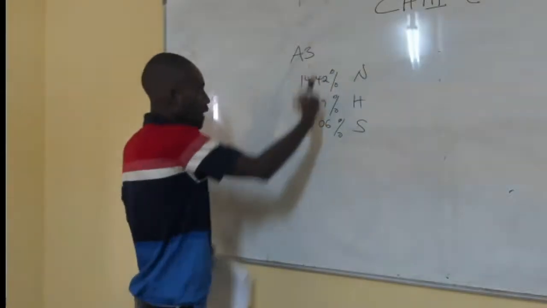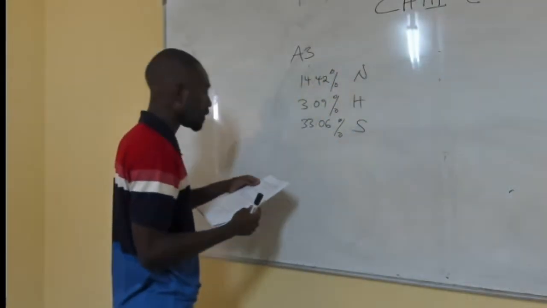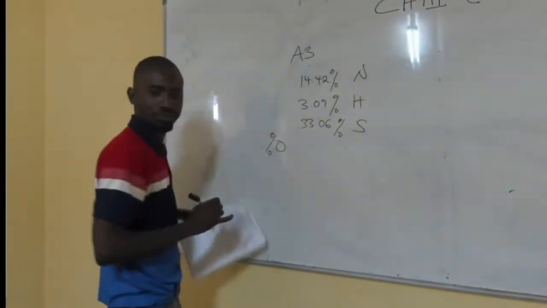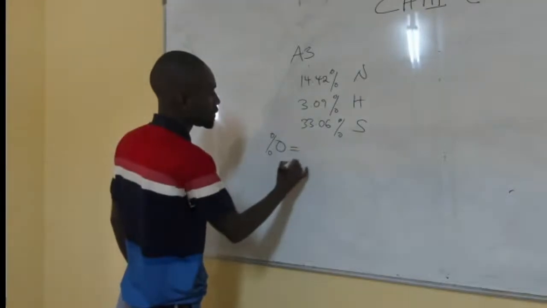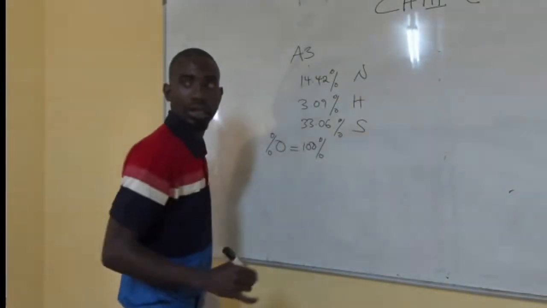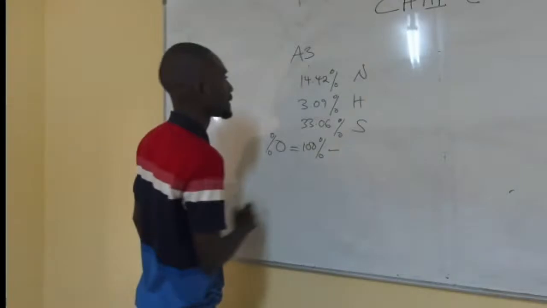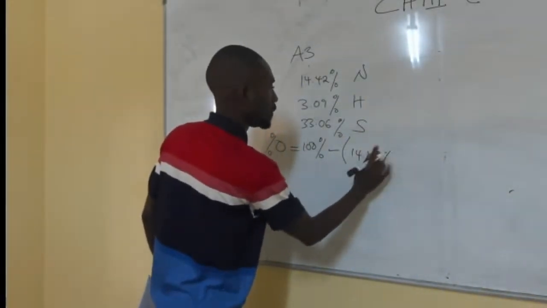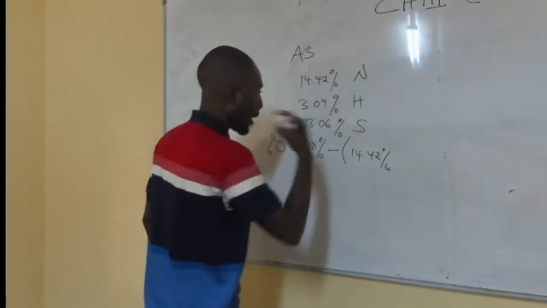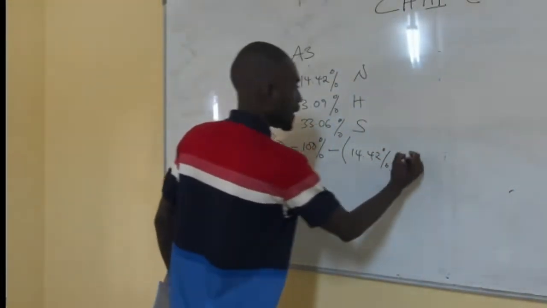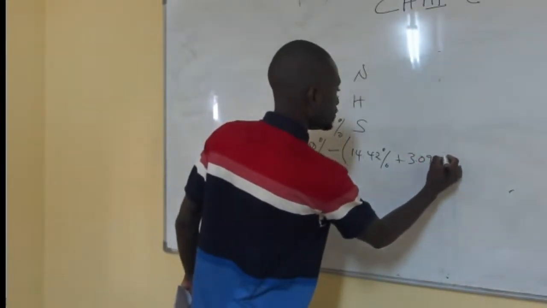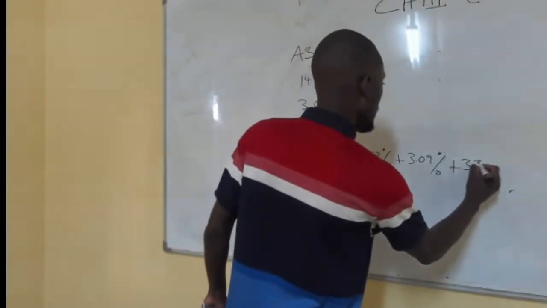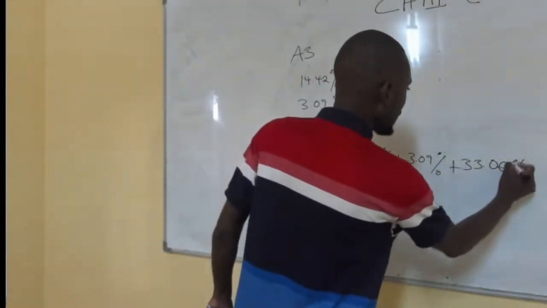So in this case, if you want the percentage for oxygen, you're going to say 100% minus, brackets, 14.42% plus 3.09% plus 33.06%.